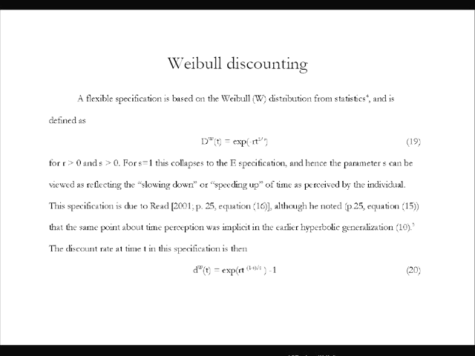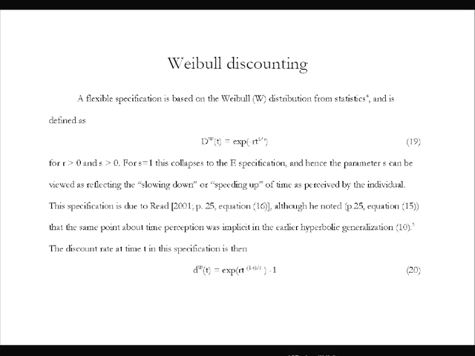And you have this exponential function here of r times t raised to 1 over s. If s is equal to 1, then you're back to the exponential function. And if s is different from 1, then you have hyperbolic discounting. So the exponential function is nested in this one.